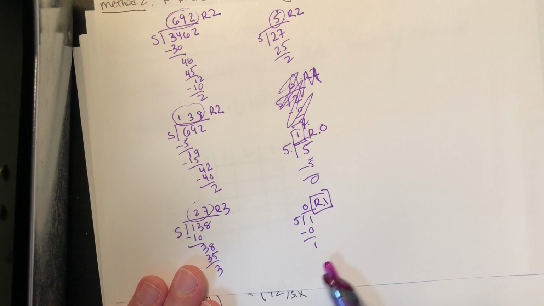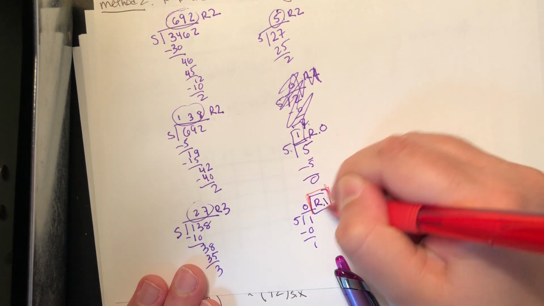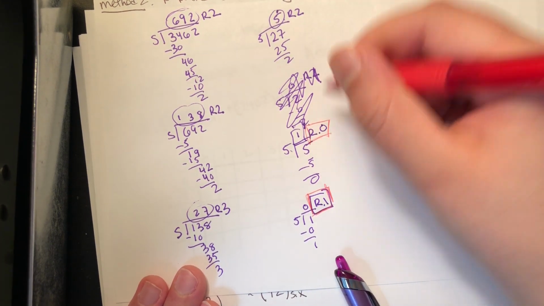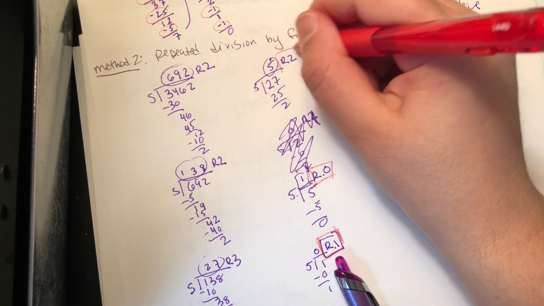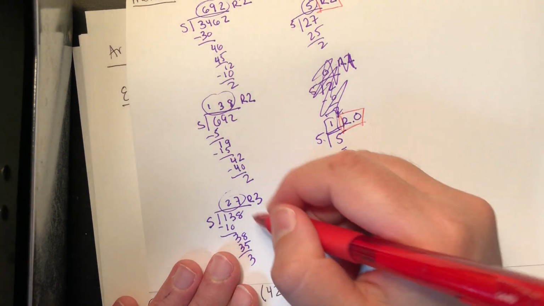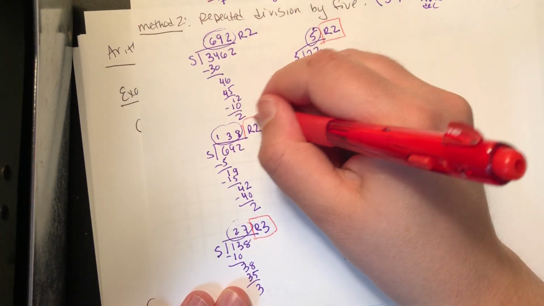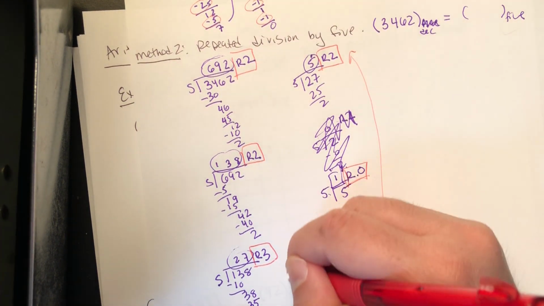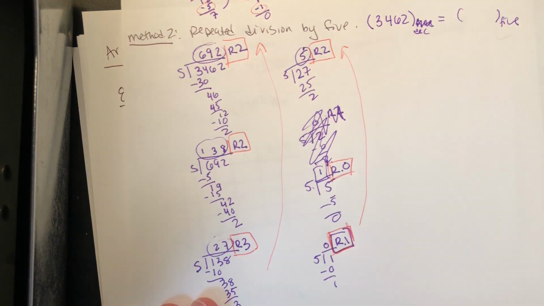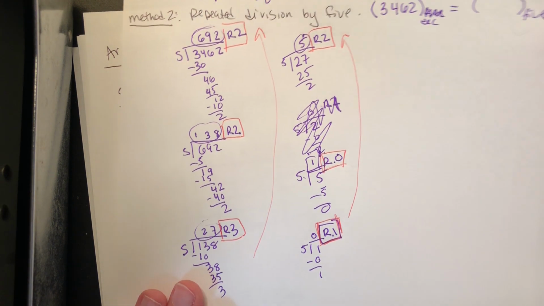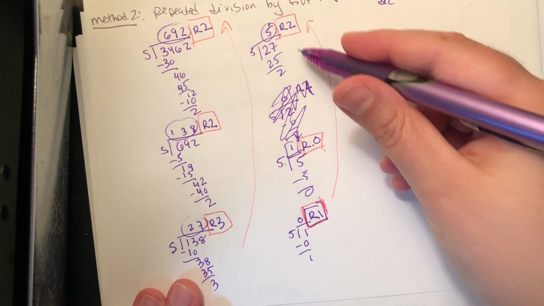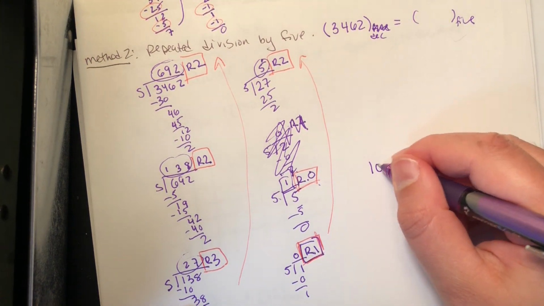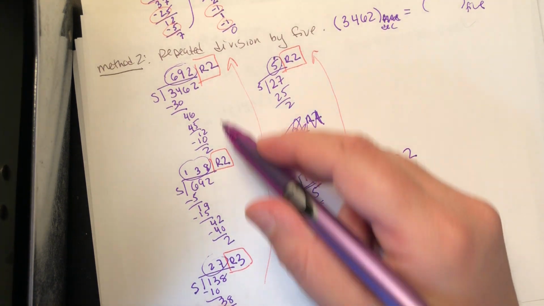All right, so we can pick out our remainders here. Remainder of 1, 0, 2, then 3, 2, and 2. Remember, we're reading these off backwards, so it's going to give me 1, 0, 2, then 3, 2, 2.